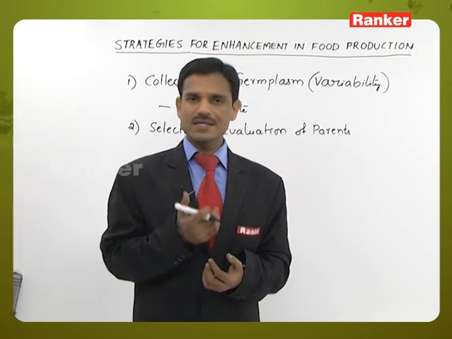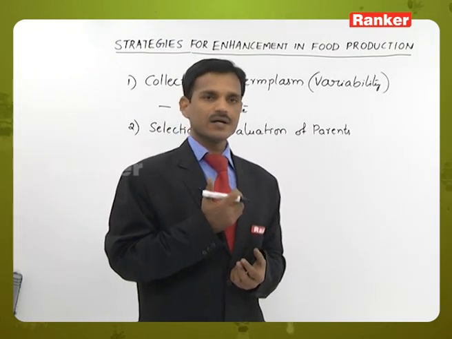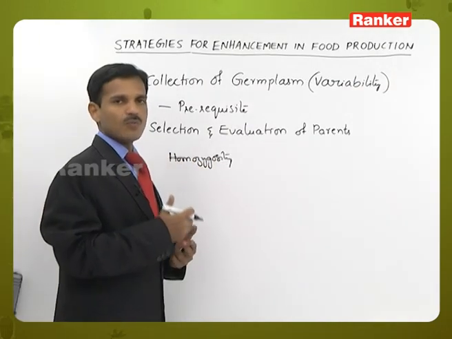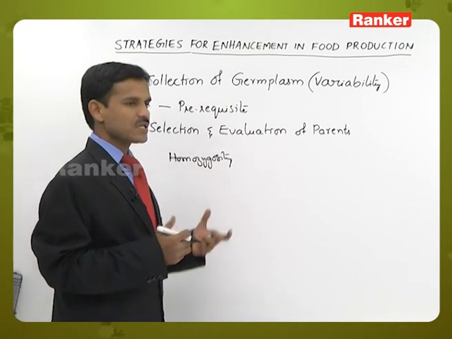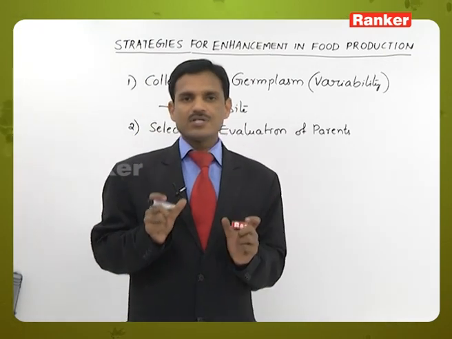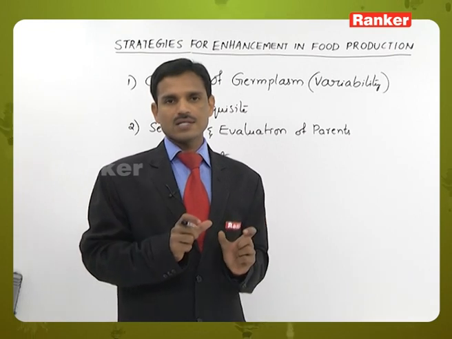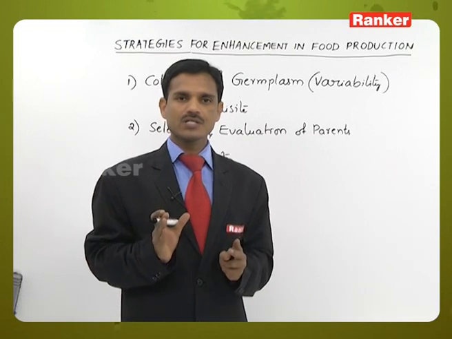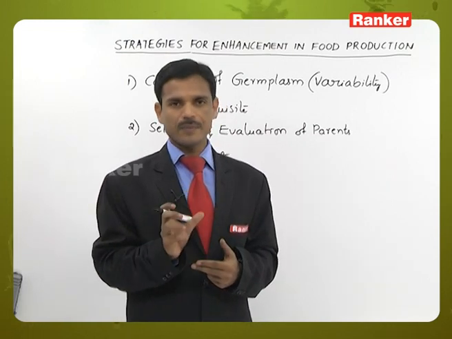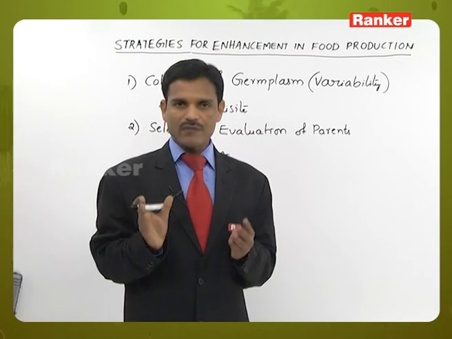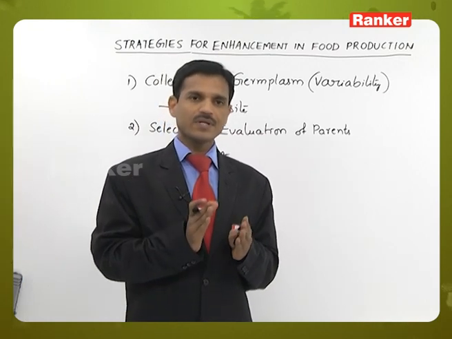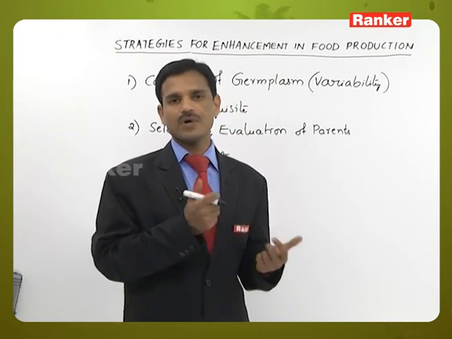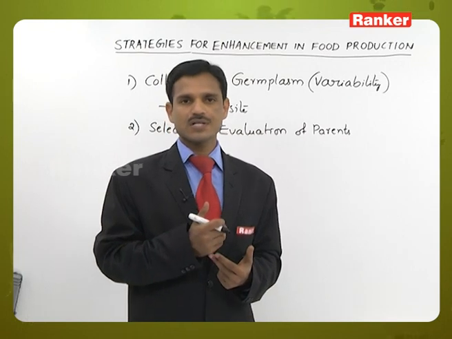Wherever necessary, the plants are self-pollinated and modified into homozygous condition. Homozygous condition means one gene has two alleles, and if the two alleles are the same, that condition is called homozygous. Homo means same. If one gene has different types of alleles, that is called heterozygous condition.